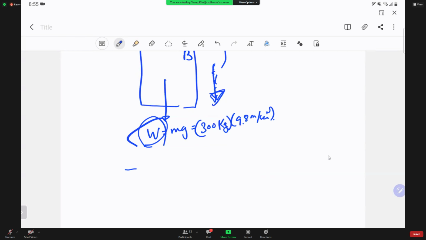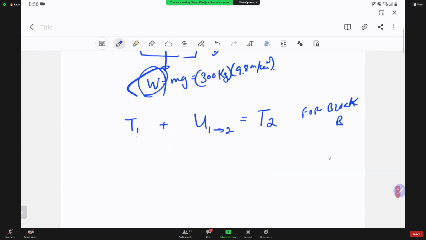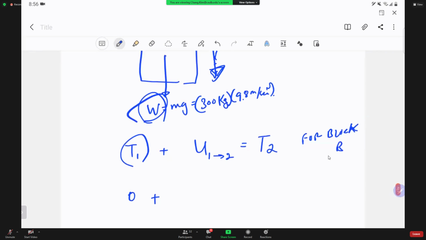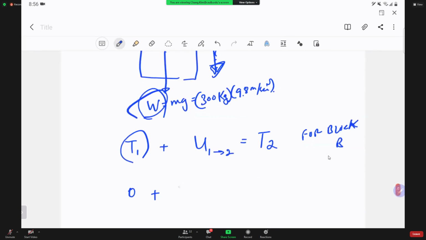So once again, T1 plus U1 to 2 equals T2. This is for block B. So 1/2 times mv squared. Initially, we have no velocity, so that's going to be equal to 0. W is acting downward and block B moves downward.